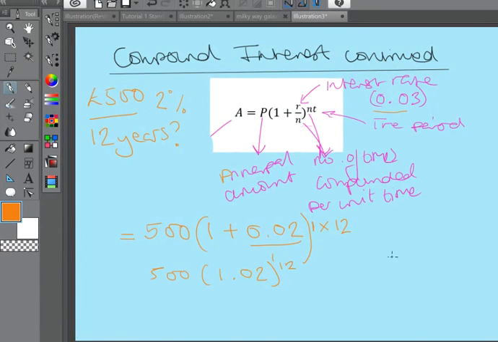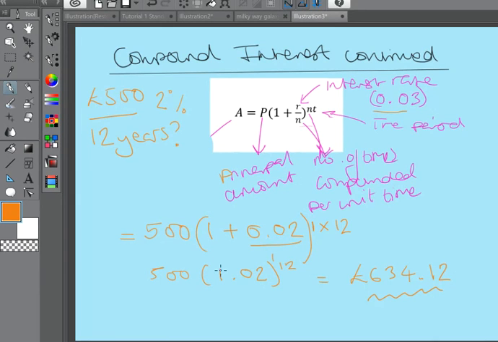Now, if you put that into your calculator, you should get £634 and 12 pence. And that's the answer. That's it. And obviously, plugging these numbers into your calculator is just a lot quicker.